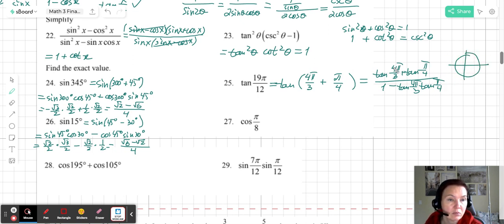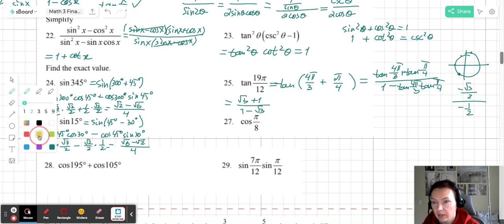Let's see what's 4 pi over 3. Pi over 3, 2, 3. Okay, 4 pi over 3 is going to be right here, and its tangent is sine over cosine. The sine is negative root 3 over 2. Cosine is negative 1/2. So the tangent is just going to be square root of 3. So let's plug it in. Square root of 3 plus 1 over 1 minus square root of 3 times 1. So over 1 minus square root of 3.